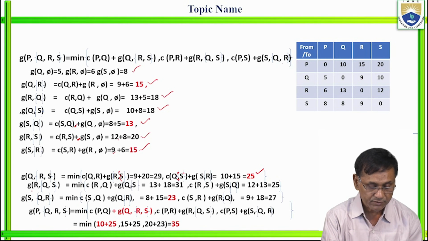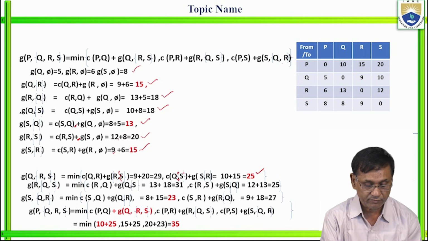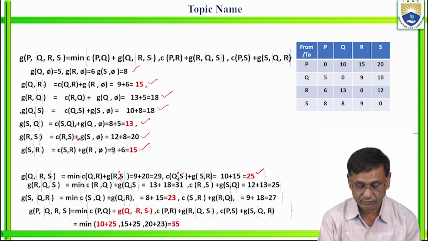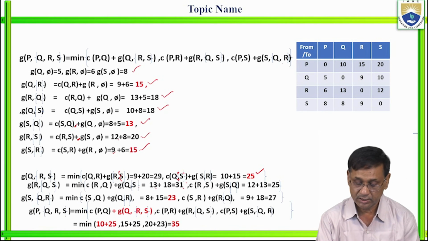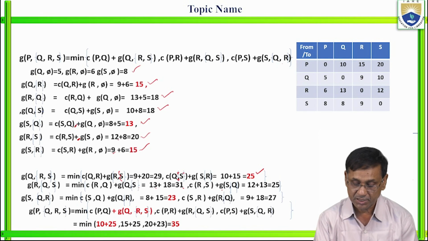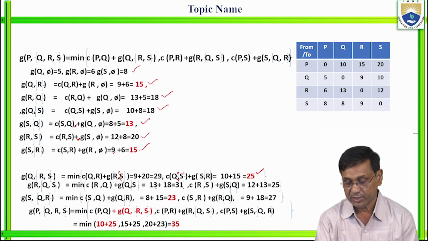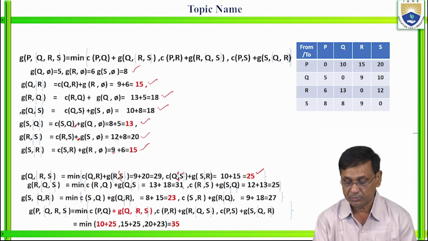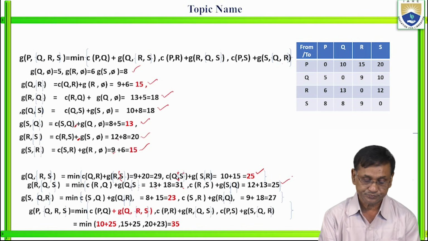Next, the cost of going from R to the set of cities Q, S is equal to the minimum of the cost of edge RQ plus the cost of going from Q to the set of vertices S, which is 13 plus 18 is 31, comma the cost of going from city R to S plus the cost of going from S to the set of vertices Q, which is equal to 12 plus 13 is 25.